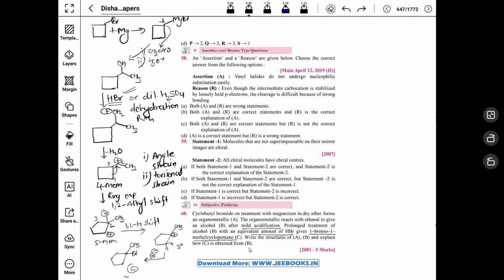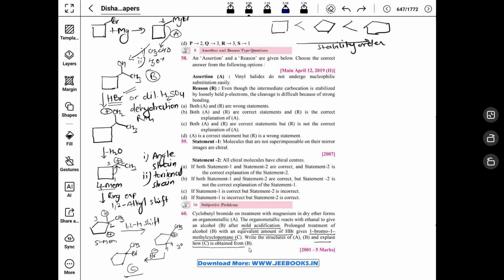So A is this Grignard reagent, B is this alcohol, and C is this one, and they are saying explain the formation of C. Since 4-membered rings are unstable due to angle strain and torsional strain, it undergoes ring expansion to stabilize this carbocation, and further rearrangement takes place. And we know the stability order: 4-membered is less stable than 5-membered, and 5-membered is less stable than 6-membered. So this is the stability order. I hope this question is clear to you.